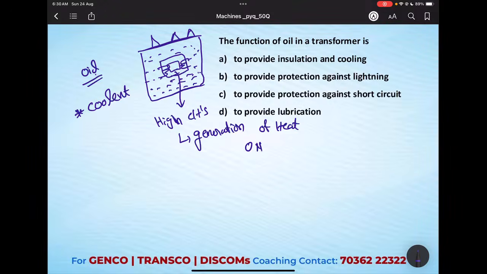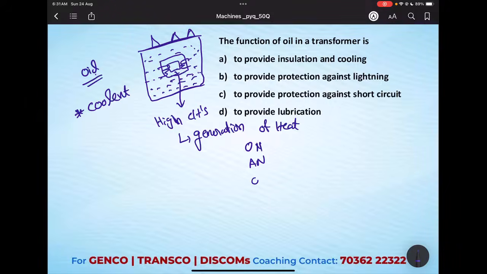Whenever high heat is there, it will go to the radiator banks, cool down, and come back down to the main tank. Oil natural, air natural: since the radiator banks are very thin, the airflow will be high, and with natural airflow the transformer will get cooled down.